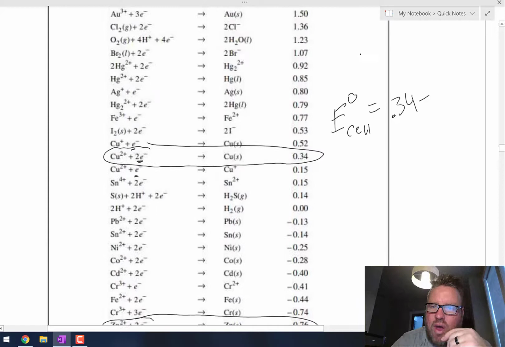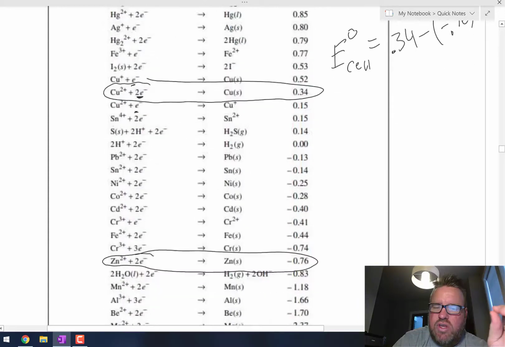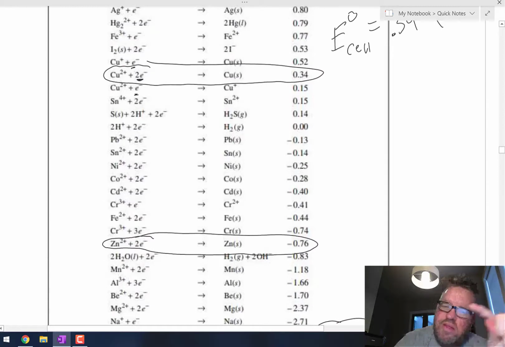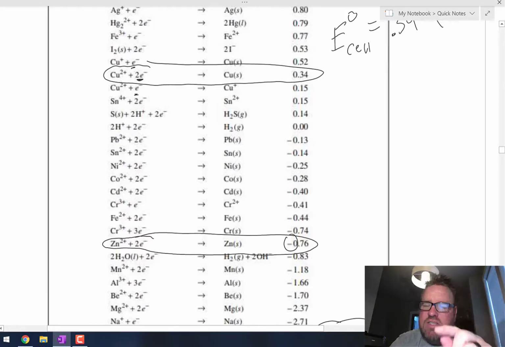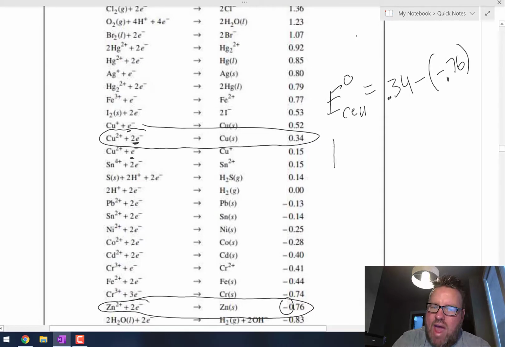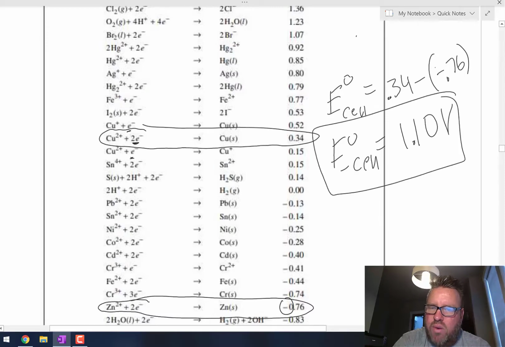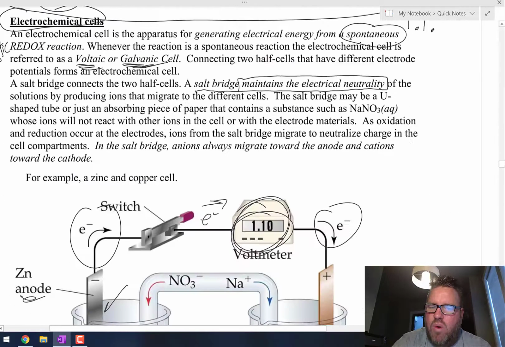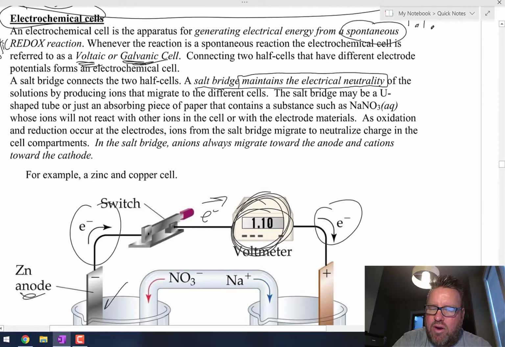And then we go negative 0.76. So notice we subtracted the negative value. So it's the reduction potential at the cathode minus the standard reduction potential at the anode, and then you add those two together. What is the cell potential for that cell? It's 1.10 volts. And hey, what do you know, that's our voltmeter. Our voltmeter shows 1.10 volts.